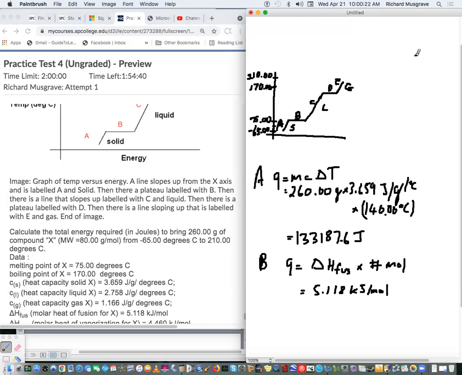Now the number of moles is going to equal 260.00 grams times 1 mole of X over the molecular weight of X, which is 80.00 grams.